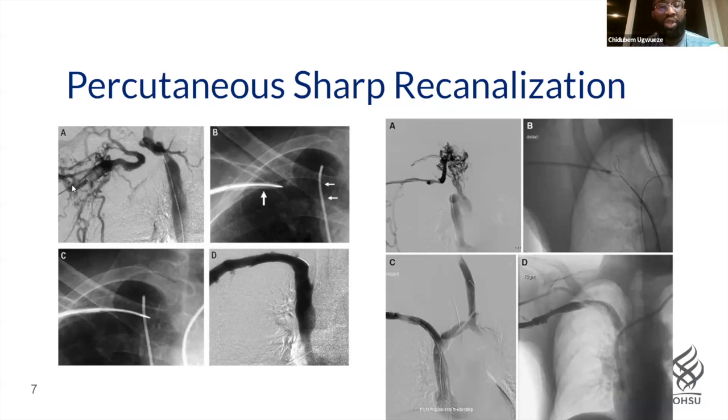And this venogram shows that there's abrupt occlusion of the subclavian vein, and then you see the short distance between this occlusion and the SVC. In this case, multiple attempts were tried with the glide wire and glide catheter with sheaths, and were not able to cross this lesion. Hence, the decision was made to do a sharp recan.